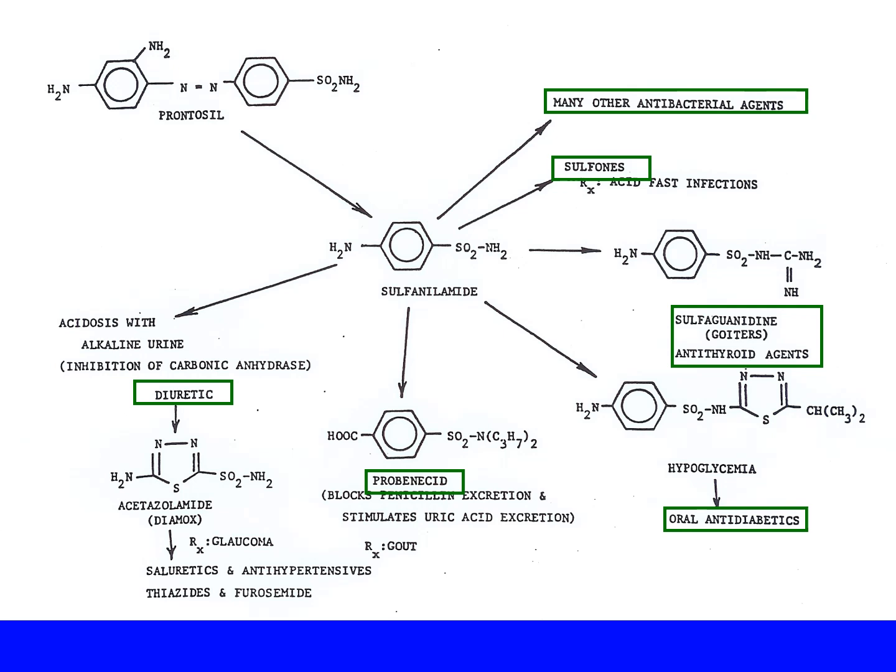We have sulfones for acid-fast infections such as tuberculosis. We have some antithyroid agents. We have oral antidiabetics, in this case sulfonylureas. We also have probenecid, you probably already took it, that stimulates uric acid excretion. And we also have a bunch of diuretics such as thiazides and furosemide.